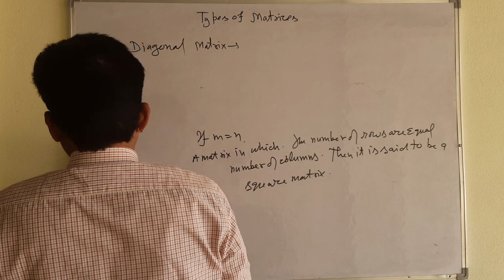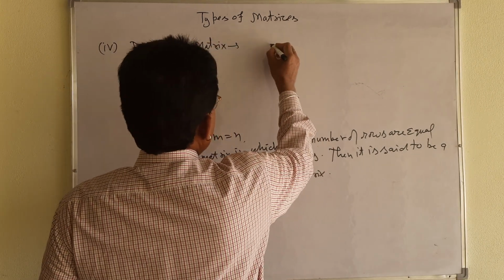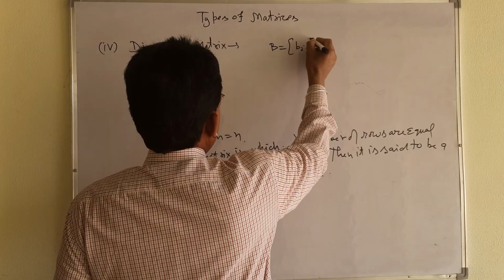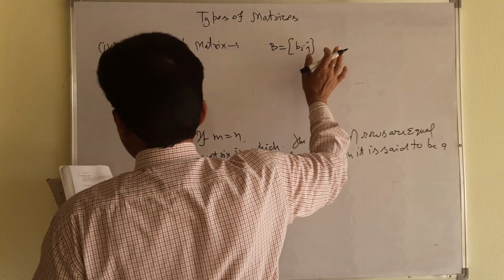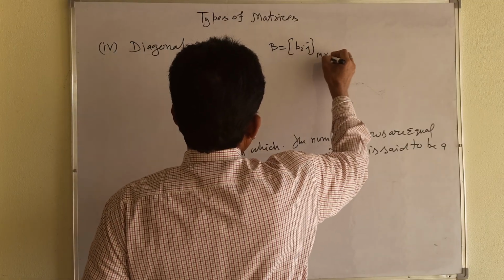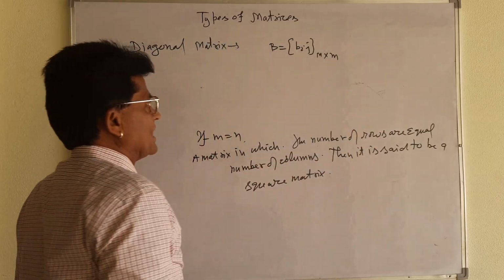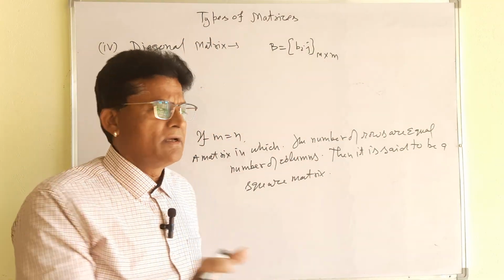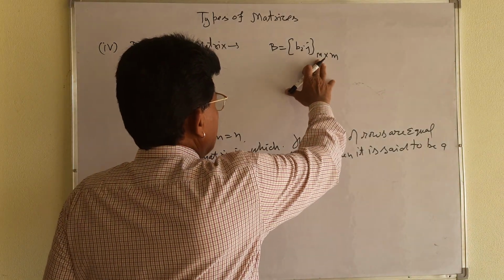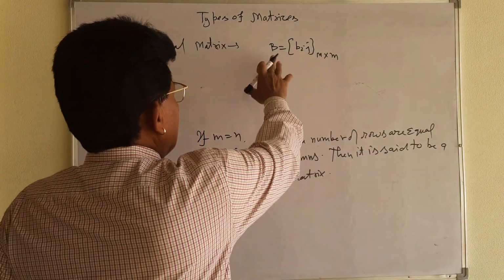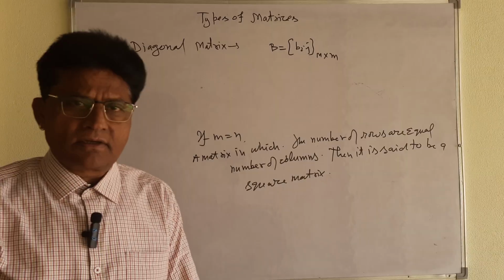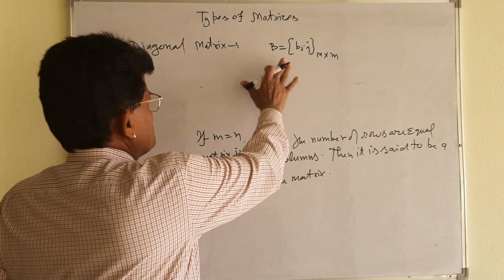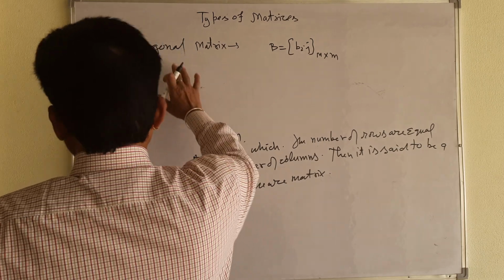Suppose a diagonal matrix, that will be a square matrix. Because I already told you that in a square matrix m will be equal to n, I have taken m rows and m columns, and the matrix I have taken is Bij. Any matrix you can write by this standard form. That is a diagonal matrix.